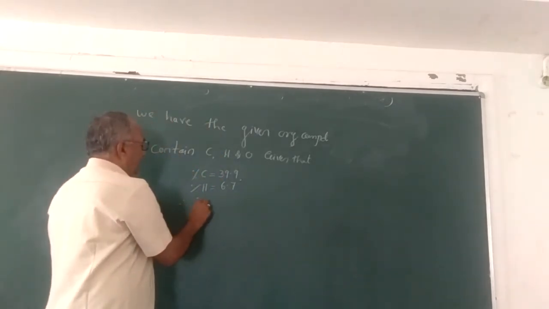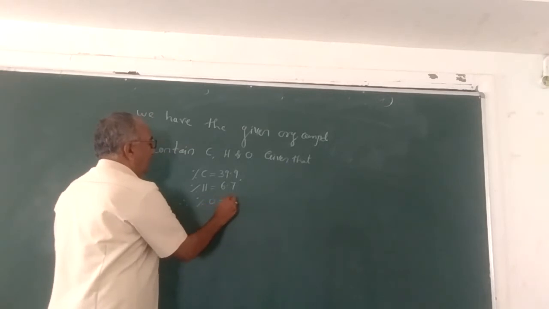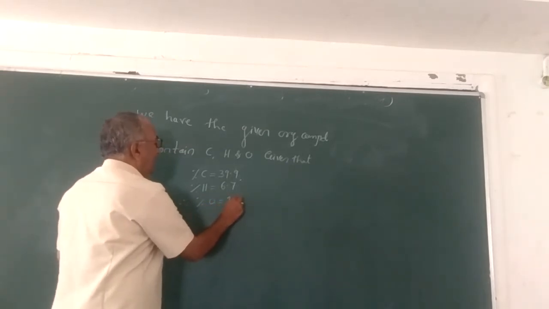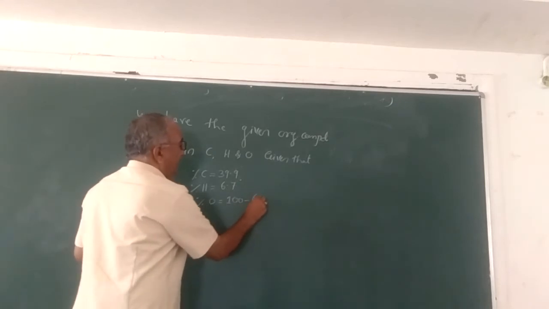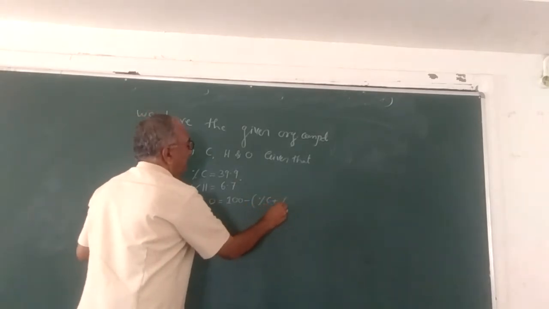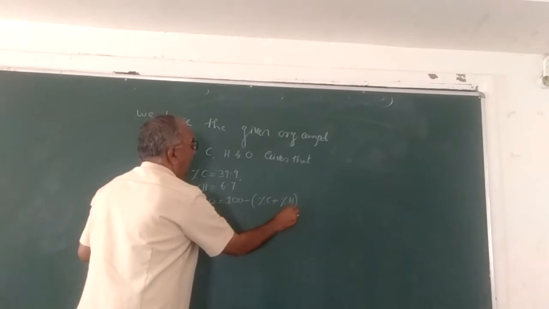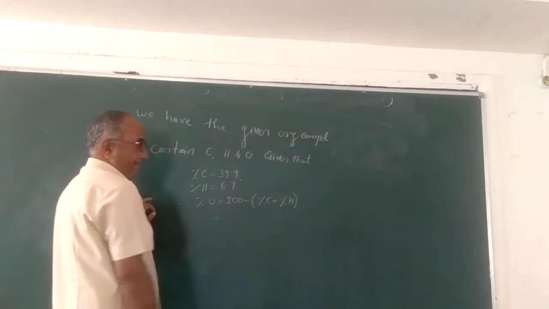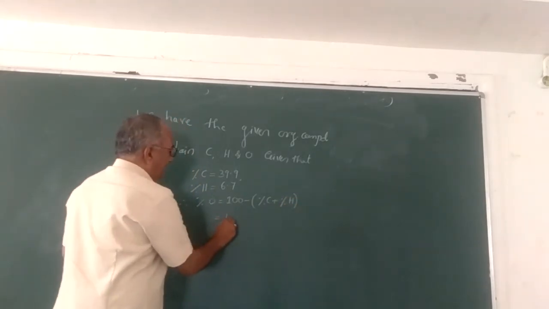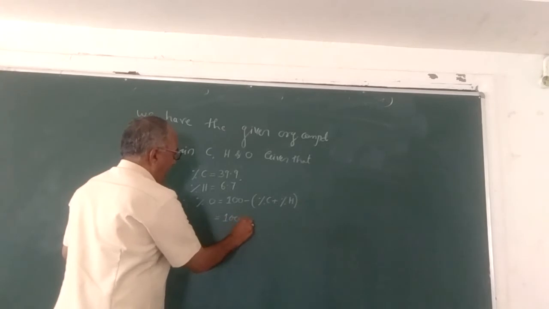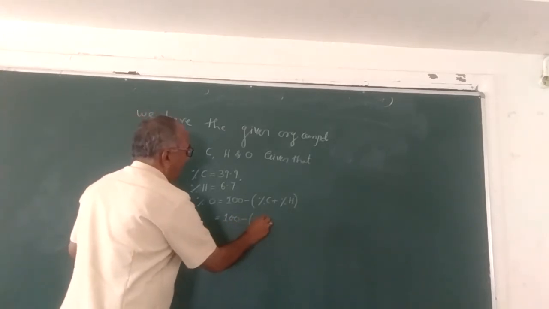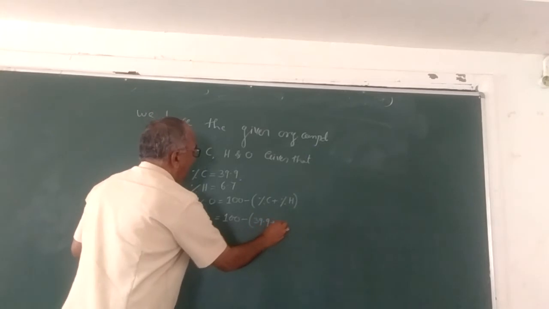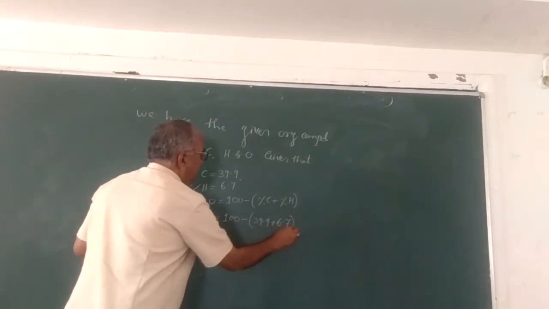Therefore, percentage of oxygen is equal to 100 minus percentage of carbon plus percentage of hydrogen. So 100 minus percentage of carbon is 39.9 plus 6.7.